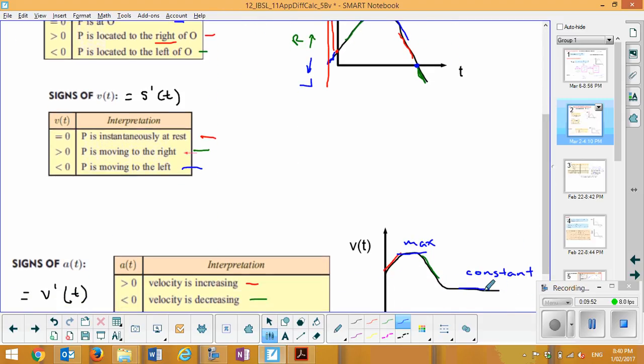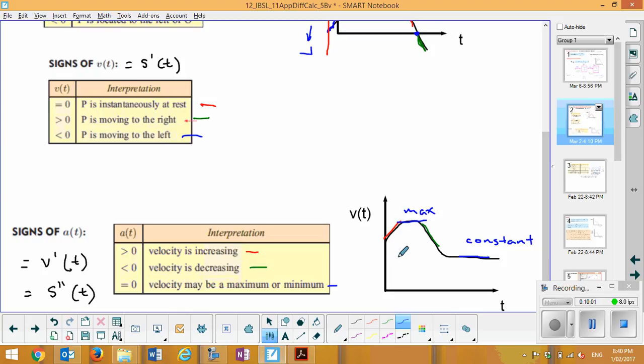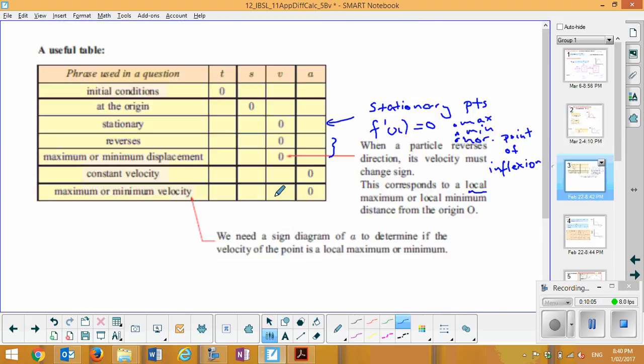Either we've got the constant velocity, and so our tangent is horizontal, or we've hit a maximum in the velocity, or a minimum. We could have had this dipping down and had a minimum. So 3 scenarios, a maximum or minimum velocity, so that's those two, or a constant velocity, gives us 0 acceleration.